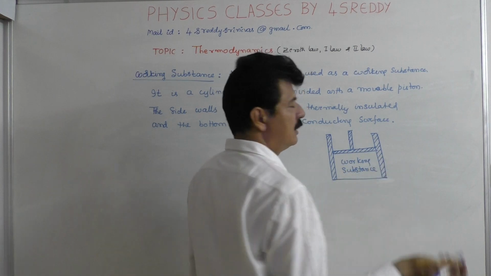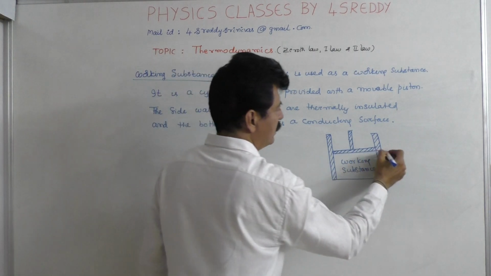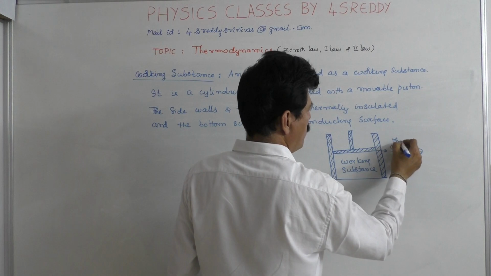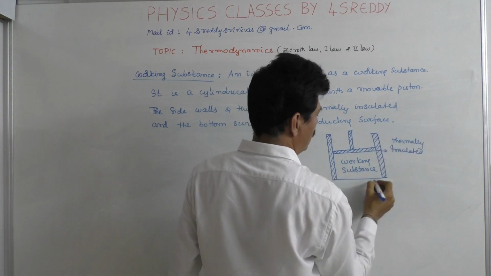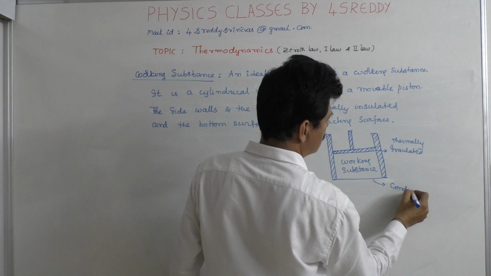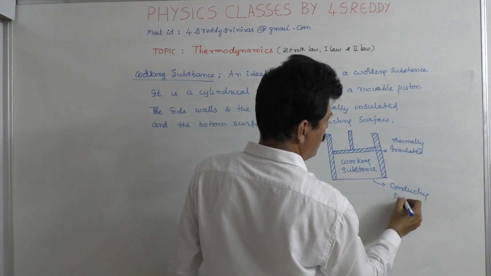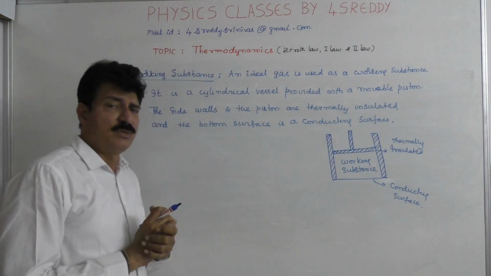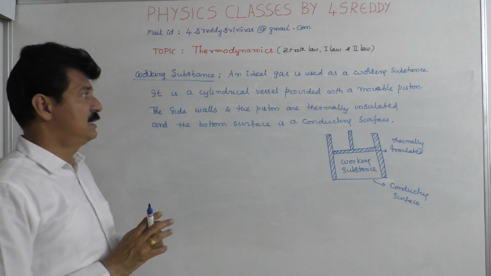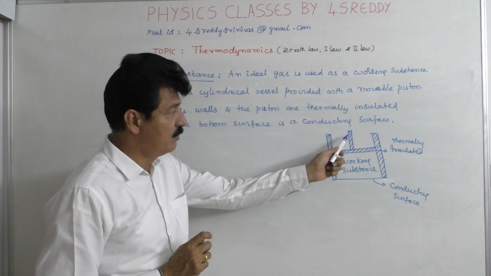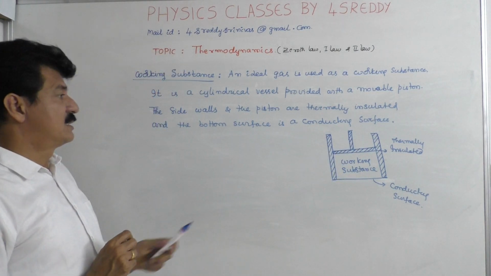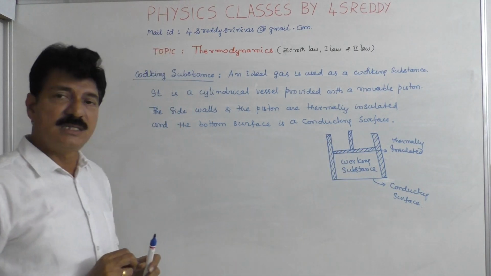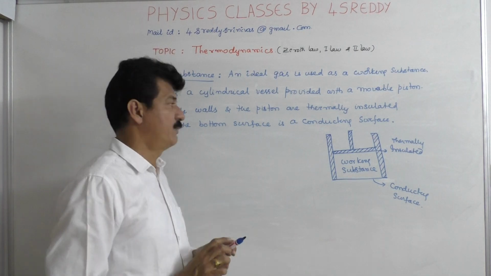Not only gas, there might be any other thing that is required here. These are all insulated, and this is a conducting surface. So, an ideal gas is generally used as the working substance, and it is a cylindrical vessel provided with a movable piston. The side walls and the piston are thermally insulated, whereas the bottom surface is a conducting surface.